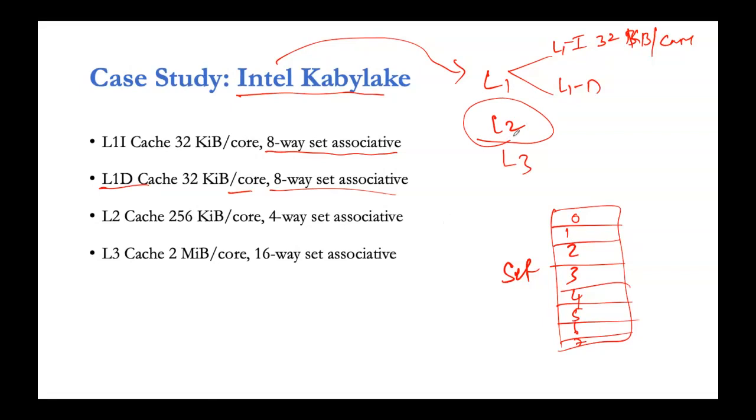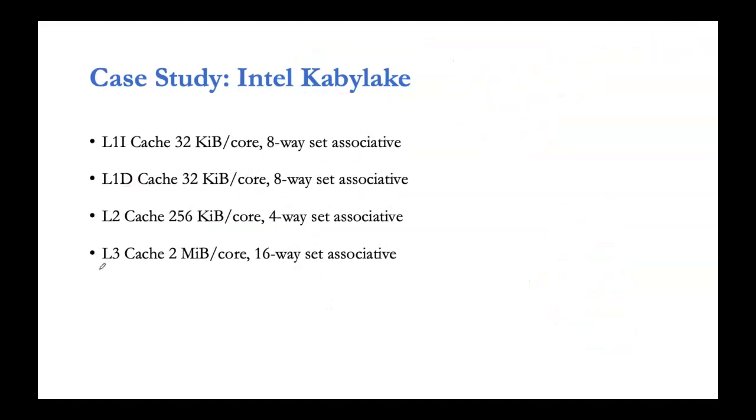Then the next level cache is your L2 cache. This L2 cache is a unified cache, and its size is 256 kilobytes per core, using 4-way set associative placement. The next level is the L3 cache, which is outside, at the edge of the core. We call the L3 cache a shared cache also, because multiple cores, core 1, core 2, can use the same cache.